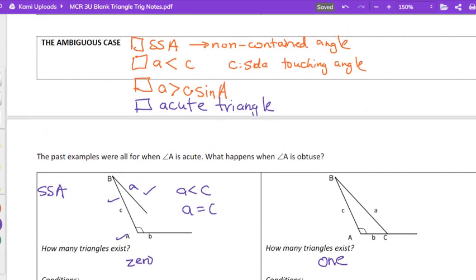Okay, so we have 4 criteria thus far. Oh, thank you, Greg. You're right. It's not about the acute triangle. It's about angle A. It's that angle A has to be less than 90 degrees.